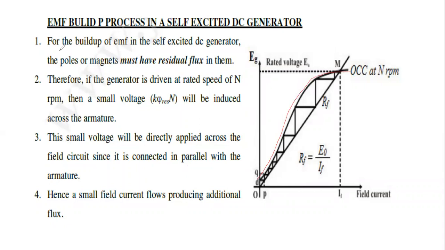By using these OCC characteristics, how will we build the EMF? That will be explained in these various points. For the buildup of EMF in the self-excited DC generator, the poles or magnets must have residual flux. Therefore, if the generator is driven at a speed of n rpm, then a small voltage will be induced across the armature.